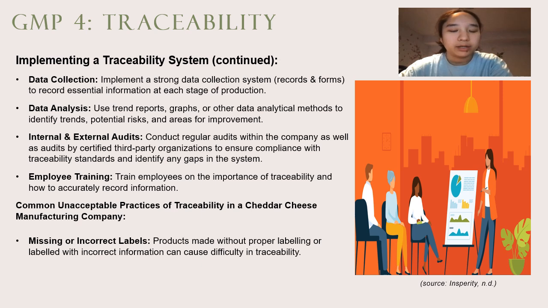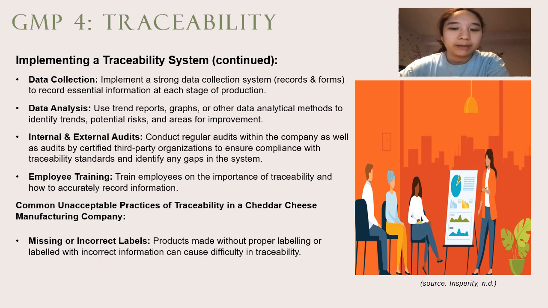And last but not least is employee training. Training employees is also very important because they are the ones who are directly involved in documenting and recording all the data. So train them properly so that they can accurately record all the information that you need for traceability.